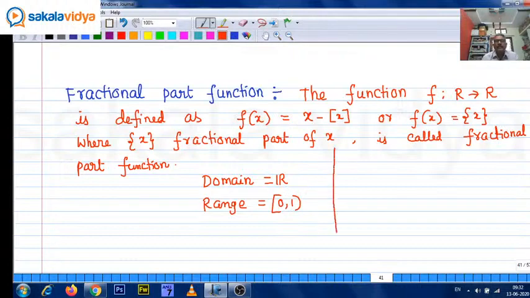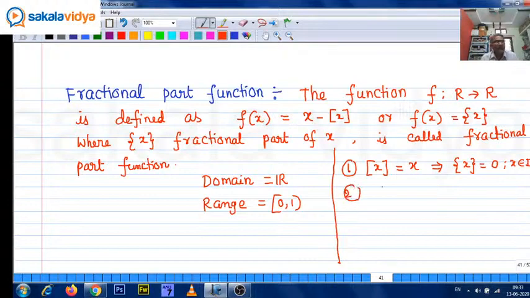So let us discuss the properties here itself. First property: if integral part of x equals x, that implies fractional part of x equals 0, where x belongs to integers.